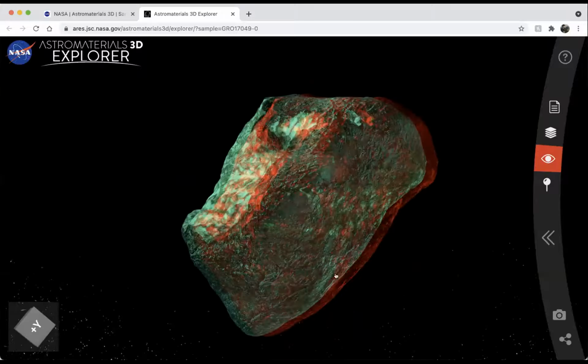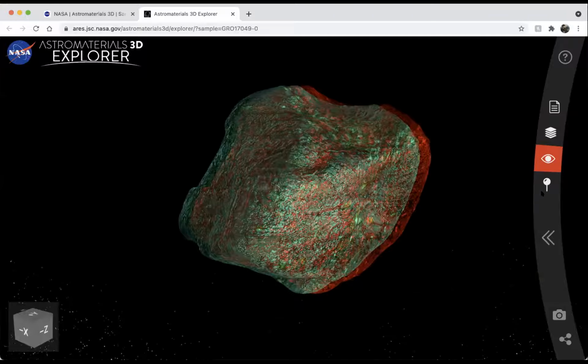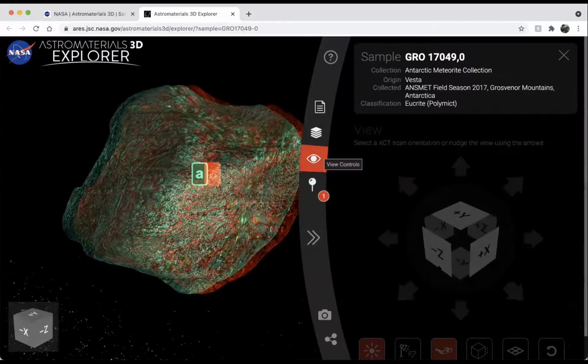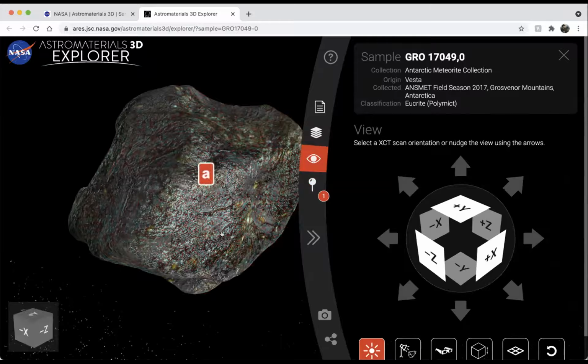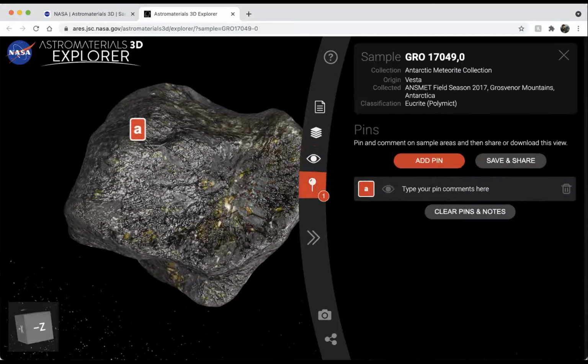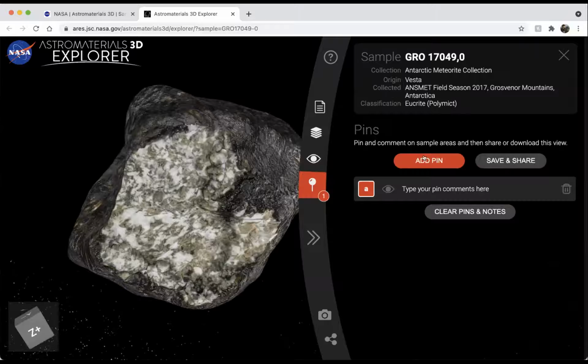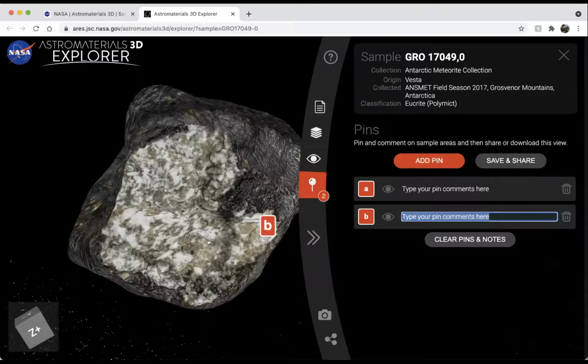I want to just mention a couple of other things that you can do here. You can add pins. Here, I'm going to turn off 3D for a minute. You can add pins and share really cool features with your colleagues by adding different pins and then writing your comments here, and then you can save and share the link.